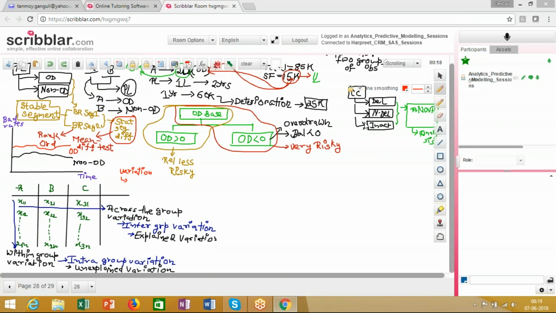So as I was saying, when I talk about variations, variations are computed about the average. So this is dispersion about the mean.